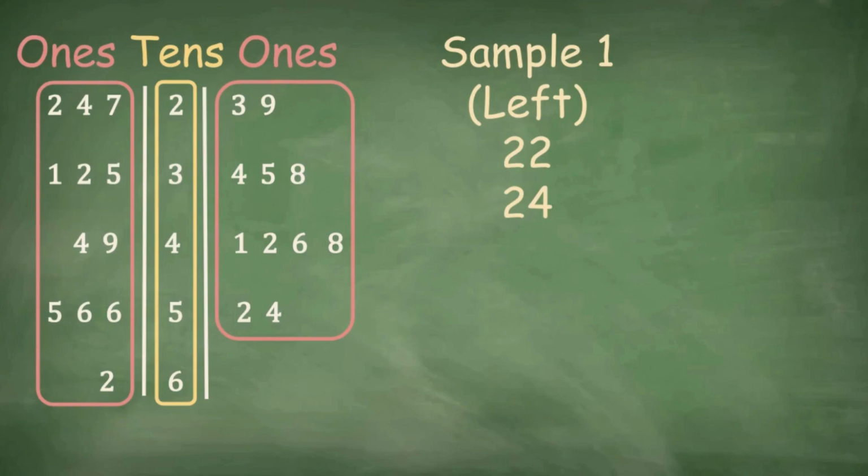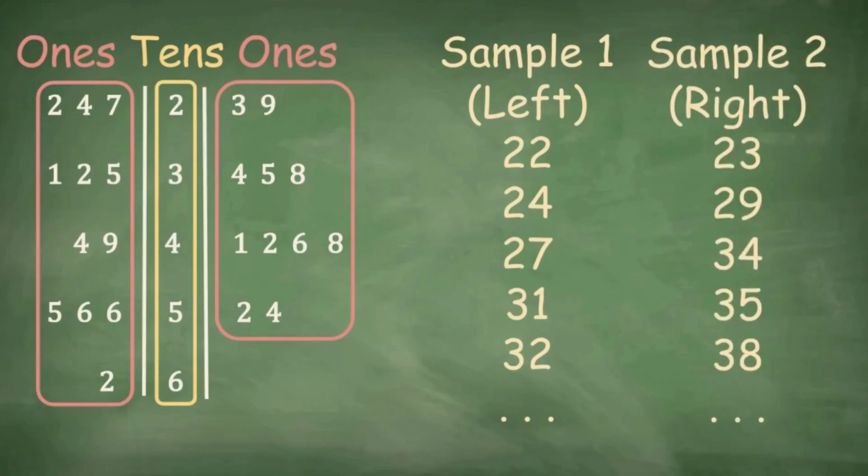Finally, in the first row, we have a tens place of 2 and a ones place of 7, giving us 27. Then we need to move to a tens place of 3. So we would have 3 for tens and 1 for the ones. Then we have 32, 35, and so on and so forth.